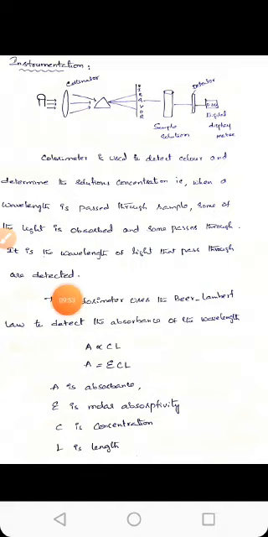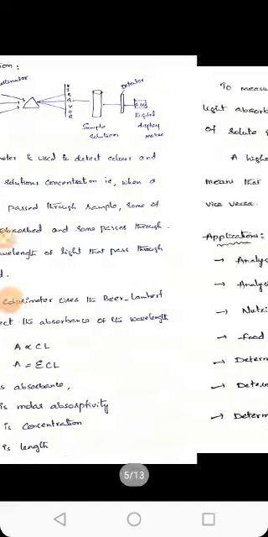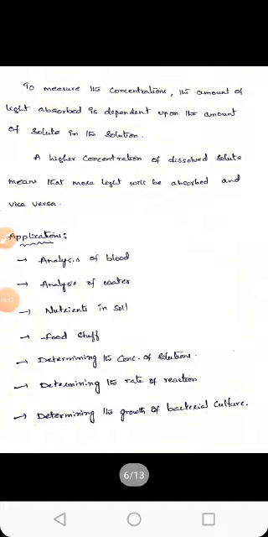Then coming to the applications. Colorimetry has a wide range of applications in chemical and biological fields. It is widely used in the analysis of blood. It is also used in the analysis of water. We can determine the nutrients present in soil using this colorimeter. We can use it to measure foodstuff and determine the concentration of solutions.